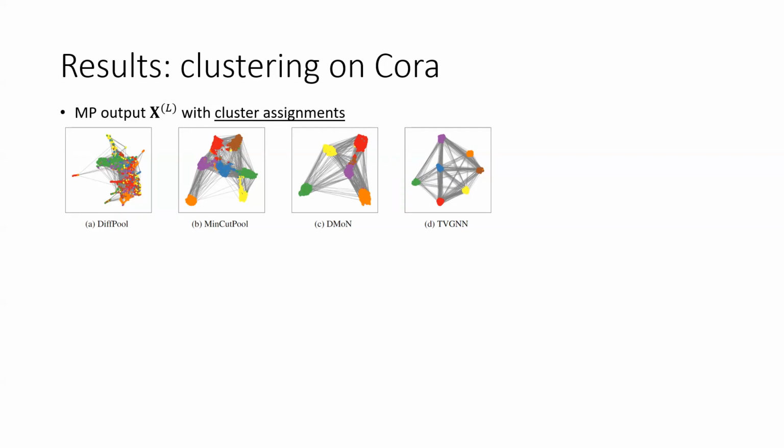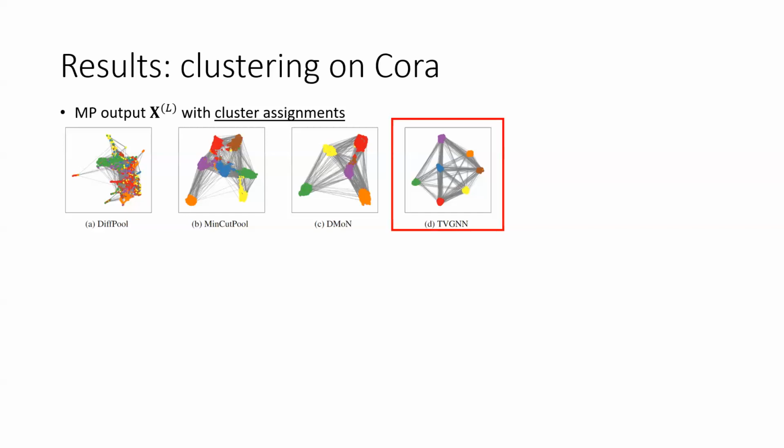Those are the features XL that are fed to the MLP to generate the cluster assignments. Clearly, if they are well separated, also the cluster assignments will be separated. For visualization, the node features are projected in only 2 dimensions using the UMAP algorithm and are colored according to the cluster assignments.